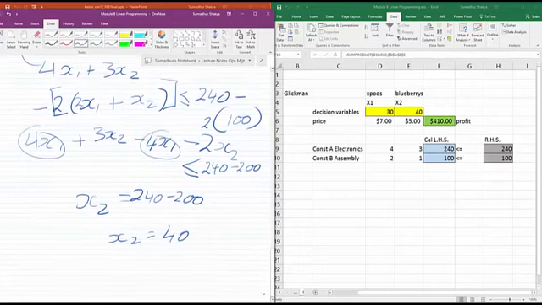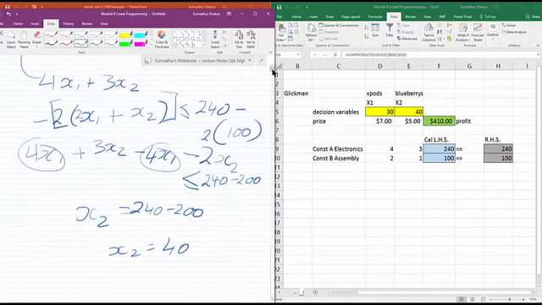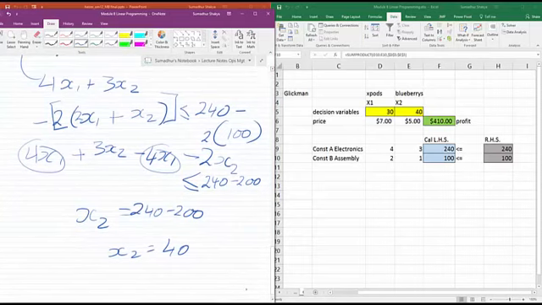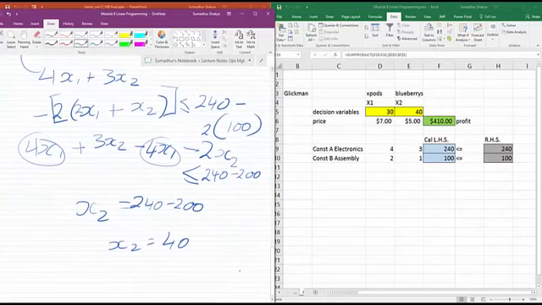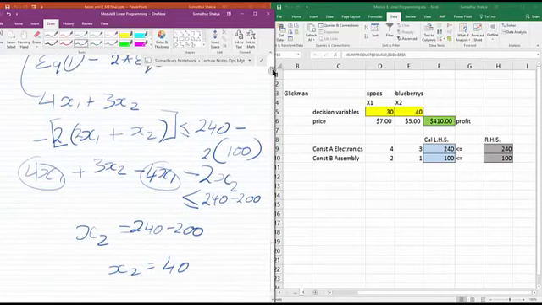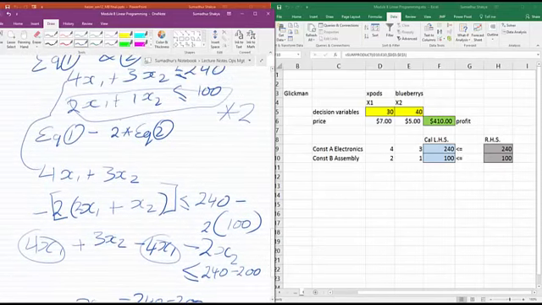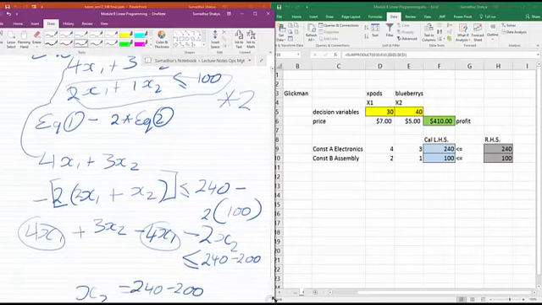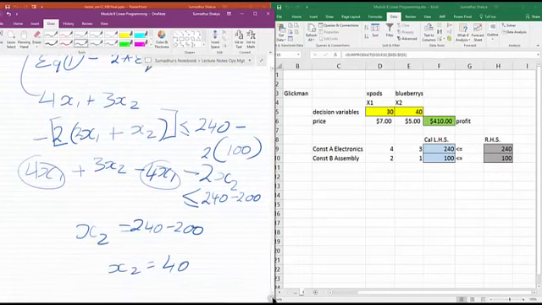Now using this, you can put this value in either of the equations to find out the value of x1. Let's say I want to use the second equation because it seems easy, because I know the value of x2, and it would require the least amount of calculation.